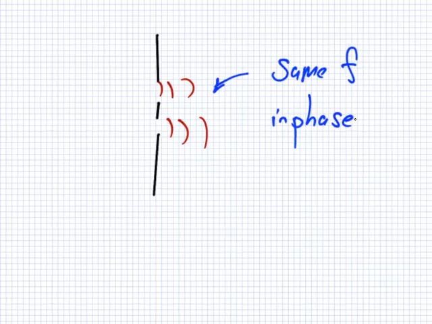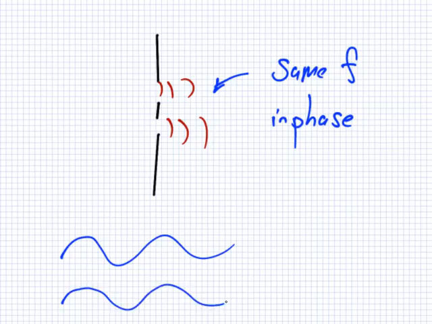In phase means the waves move together. It's not like they're moving at different times. Do you remember you have this wave and this wave, and these are in phase, they're moving together. No? I know. Yes?